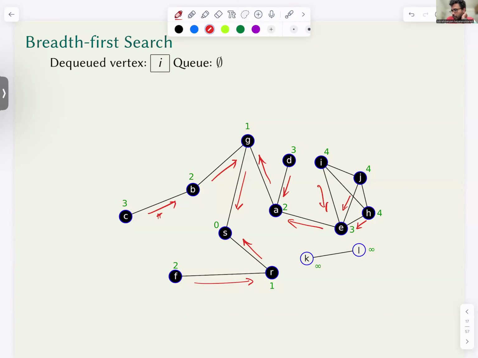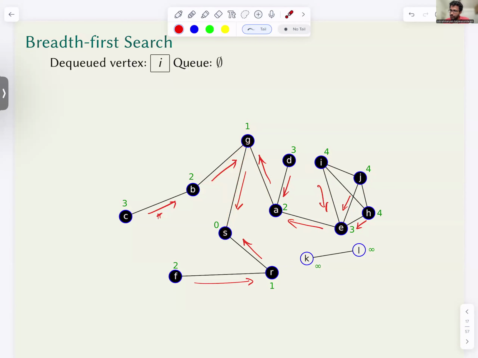Two things I'm claiming, one of which we'll discuss in more detail. One is that the d values are the shortest path distance from S to that vertex. So d of I is 4, and the shortest path length is 4. D of j is 4, so the shortest path length is 4. D of b is 2, so the shortest path length is 2.